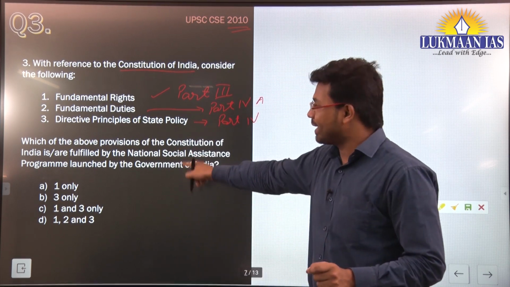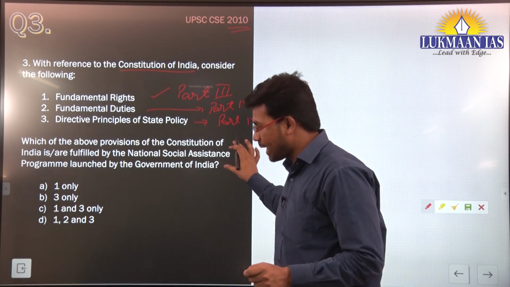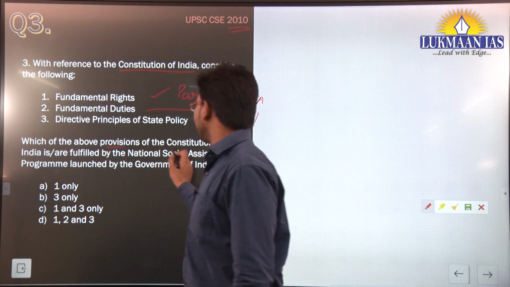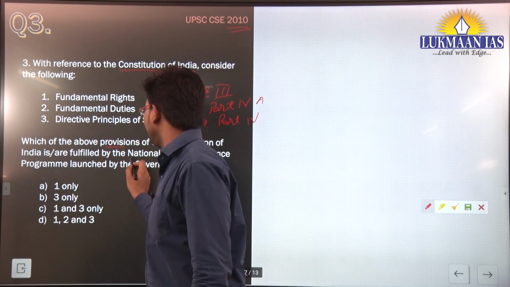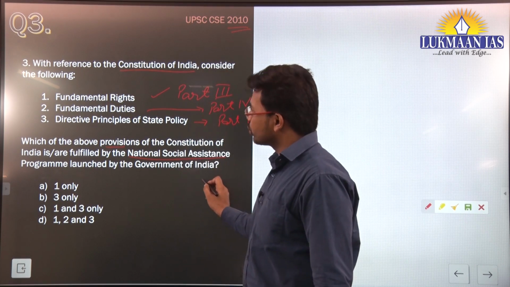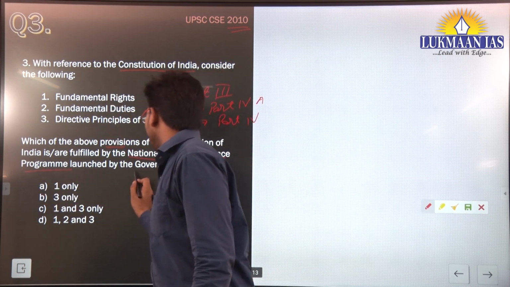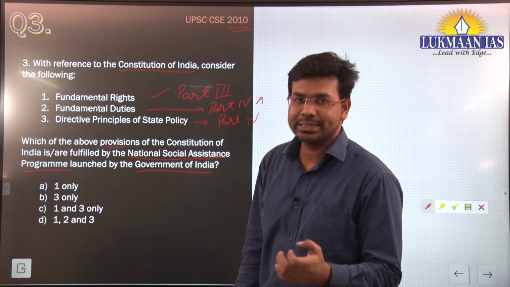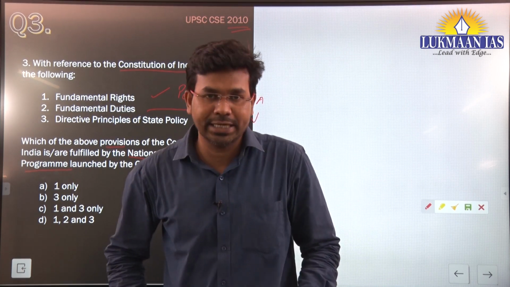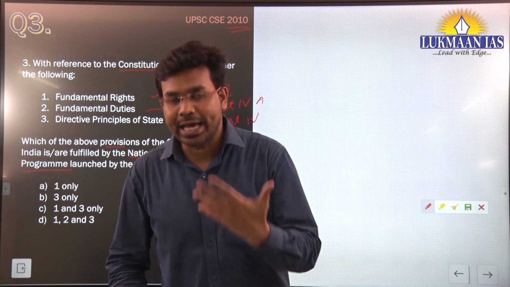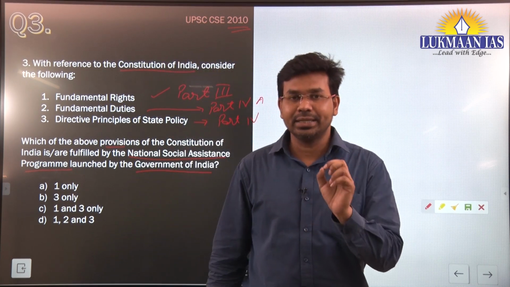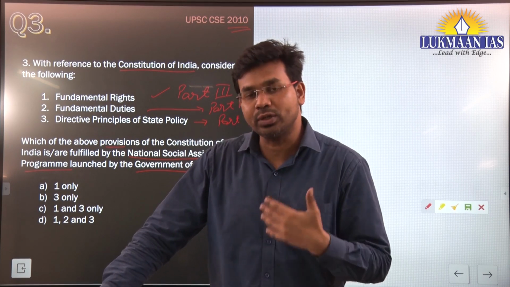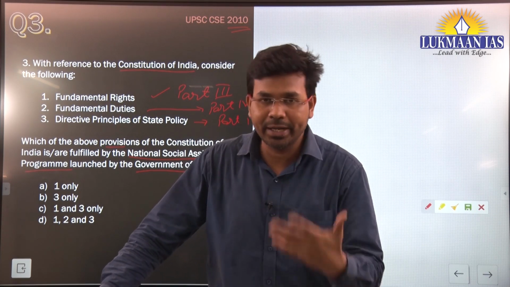Now let us read the directive in the question. It says, which of the above provisions of the Constitution of India is or are fulfilled by the National Social Assistance Program launched by the Government of India. Here we need to understand that the directive principles of state policy are directives that the legislator has to keep in mind while framing a law.